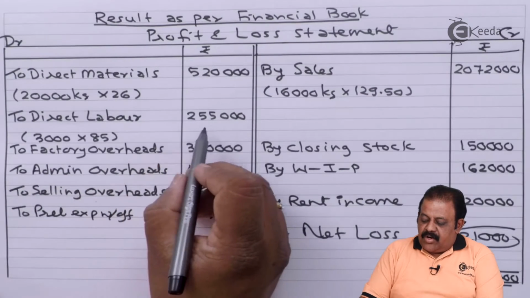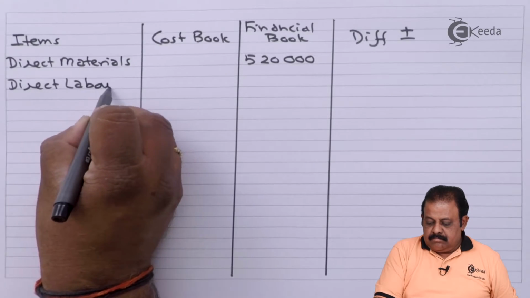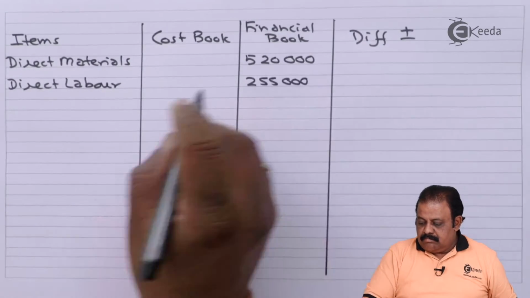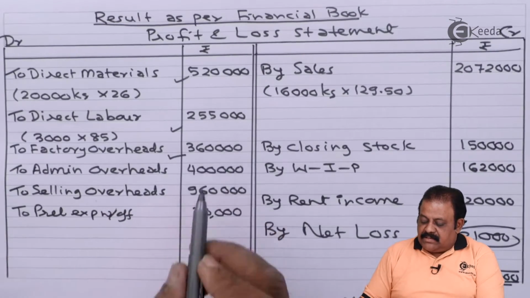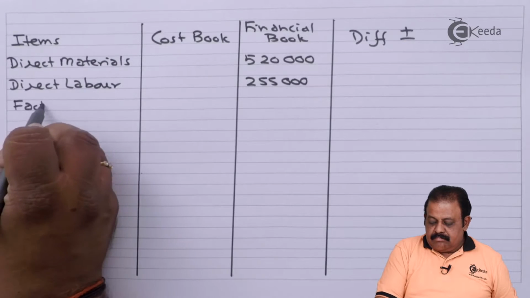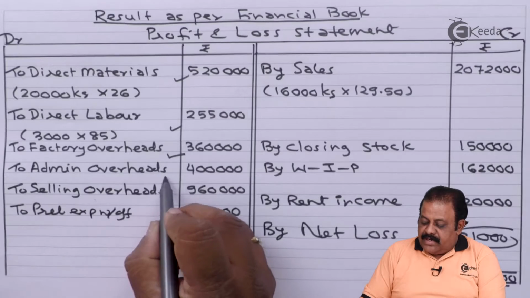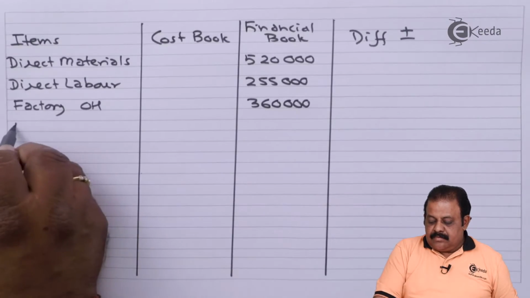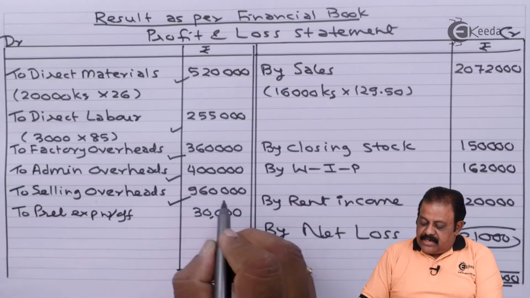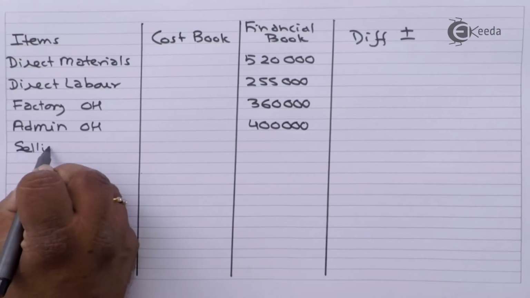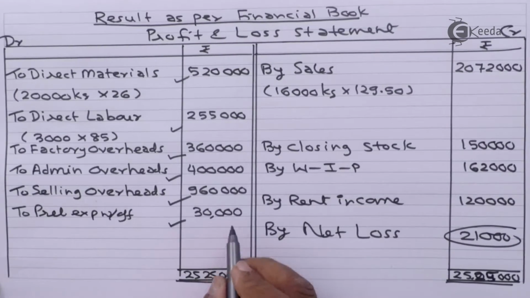Direct labor 2,55,000. Factory overheads 3,60,000. Administration overheads 4 lakhs. Selling overheads 9,60,000. Preliminary expenses written off 30,000.